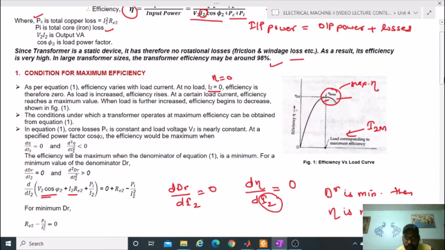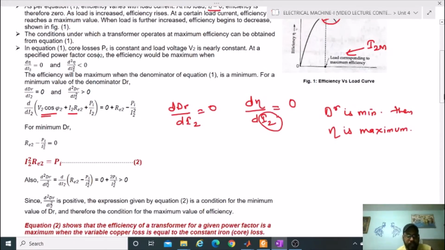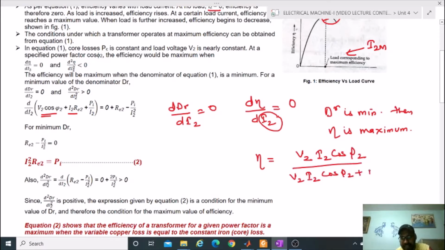first we will do one thing more here. I can write the efficiency equation as V2 I2 cos phi 2 divided by V2 I2 cos phi 2 plus Pi, that is iron losses, and copper losses equal to I2 square into Re2.